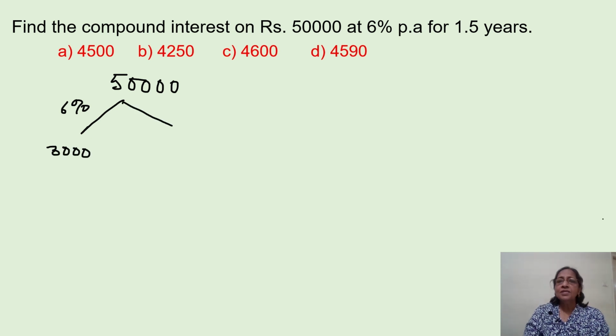This is 3,000. Now here we are just given 1.5. So we don't take the third year, we only take the second year. And then again a 6% here.